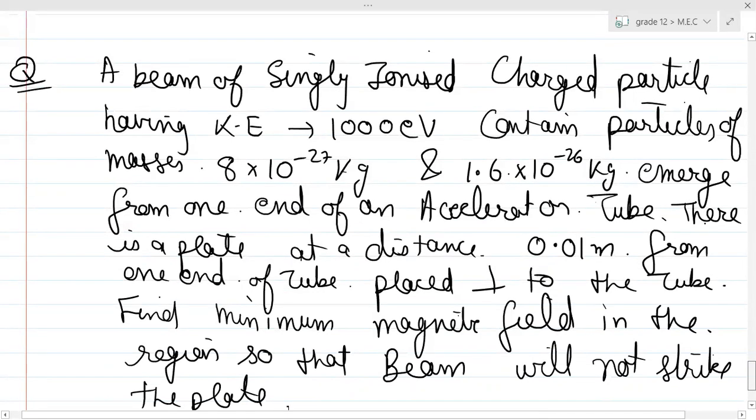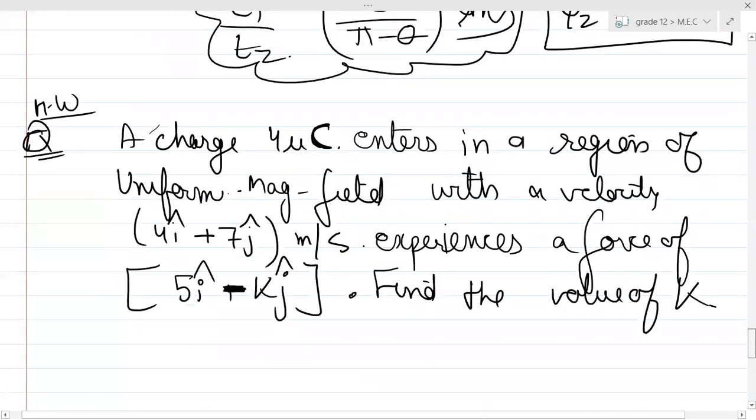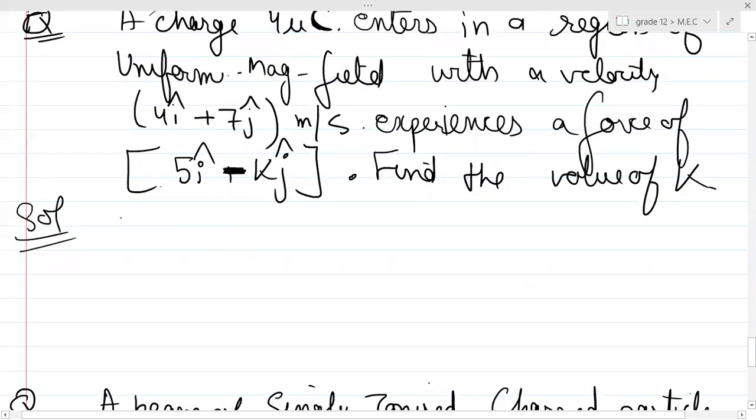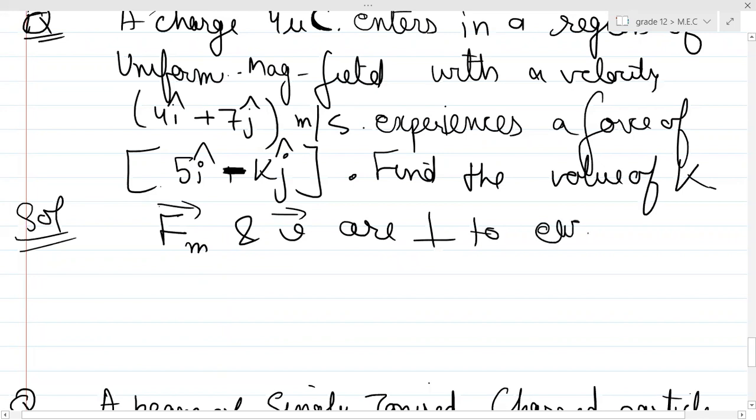Now, see, guys, in the previous question they have given the velocity and they have given the force, right? And they have not given any magnetic field, and they're just asking what is the value of k. So what to do in this type of question? We just know a single concept: the magnetic force vector and the velocity vector are perpendicular to each other.